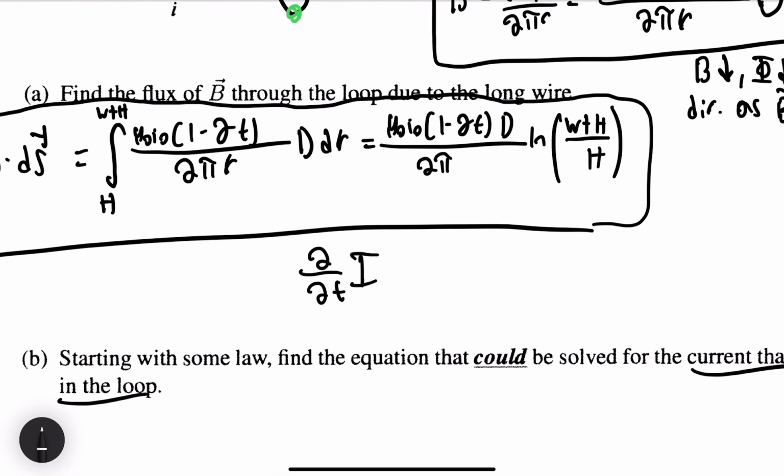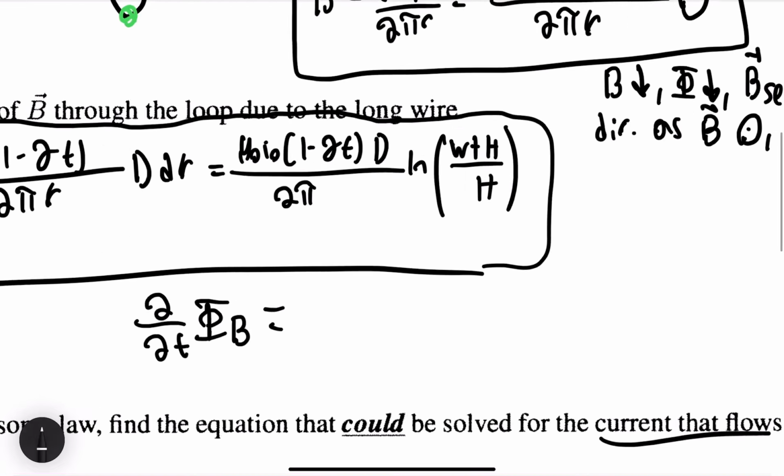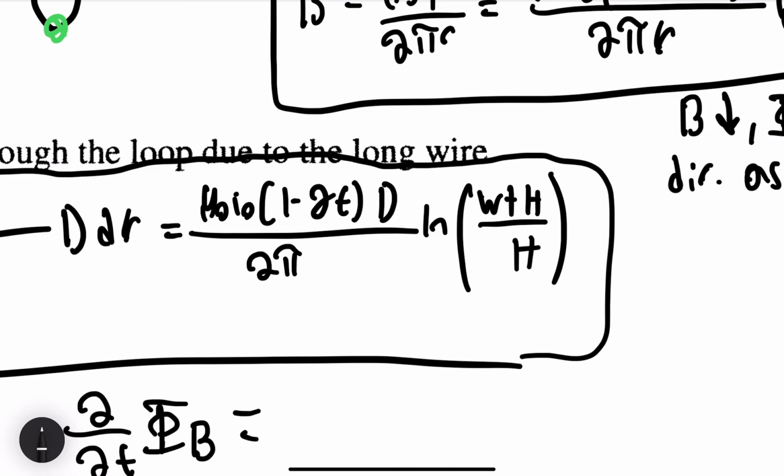If I look closely, I have 1 minus gamma t. So if I distributed everything, I would get a bunch of numbers minus a bunch of numbers times gamma t. The first group of numbers would cancel out because there's no t, and the derivative of the second group, negative gamma t, would just leave me with negative gamma.